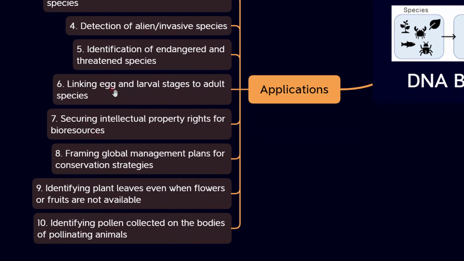This is important because still here everything is identification of species. Here, securing intellectual property rights for bioresources as well, and framing global management plans for conservation strategies, identifying plant leaves even when flowers or fruits are not available, identifying pollen collected on the bodies of pollinating animals.